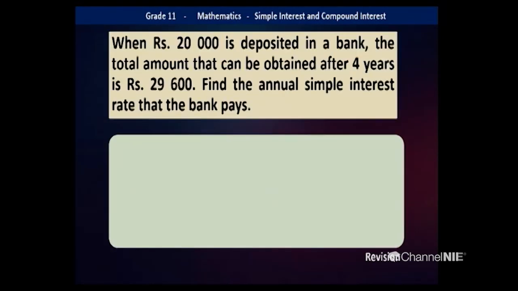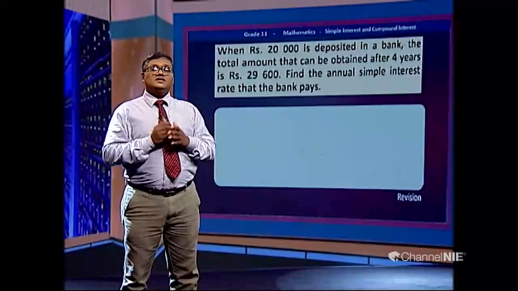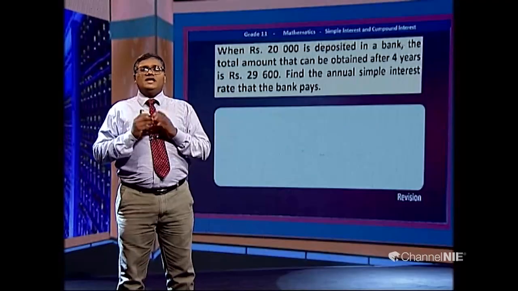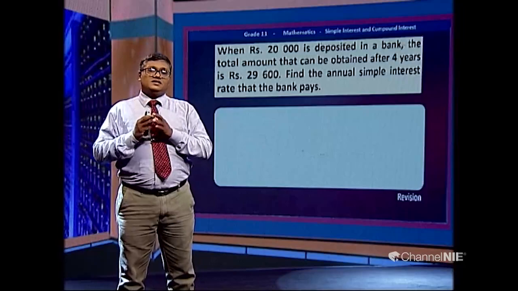Now we can go for a backward calculation. That means they don't give the interest rate, they give the total amount after several periods. Then what you do is calculate the total interest, and after that you calculate the interest for 1 unit of time, maybe 1 year.